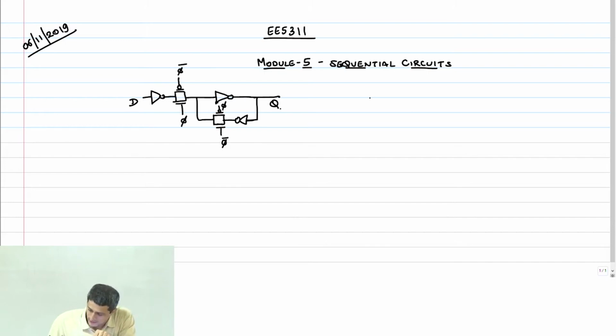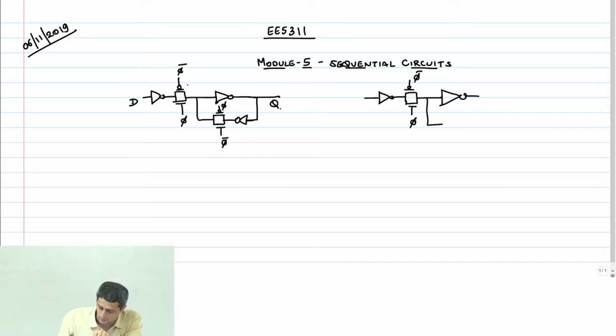Then alternately we said we could have another implementation of such a latch, which is like this. So we can retain this pass transistor phi, but remove this TG1, TG2. We can remove TG2, right?